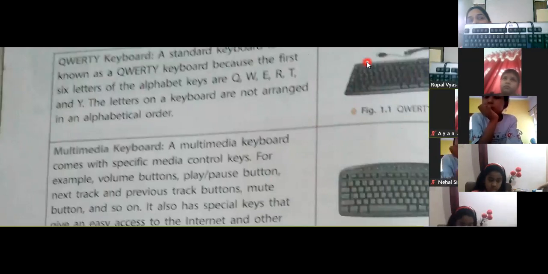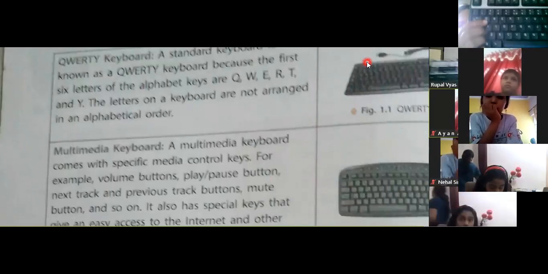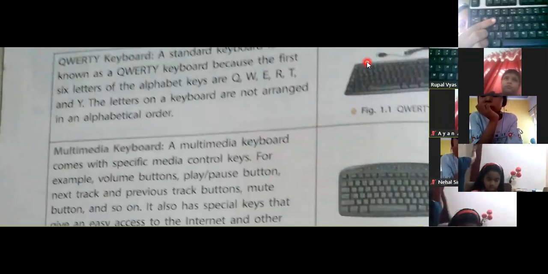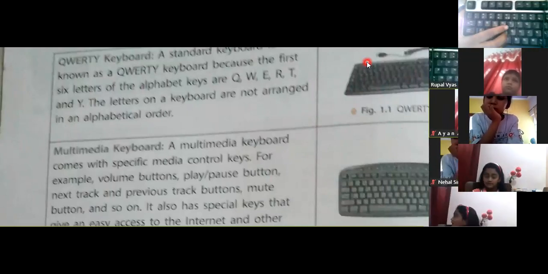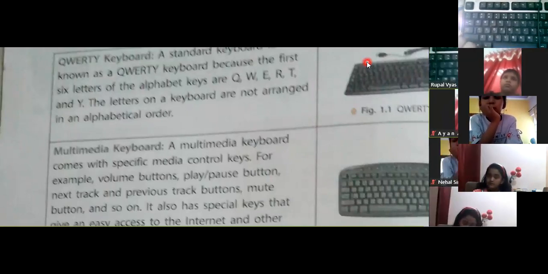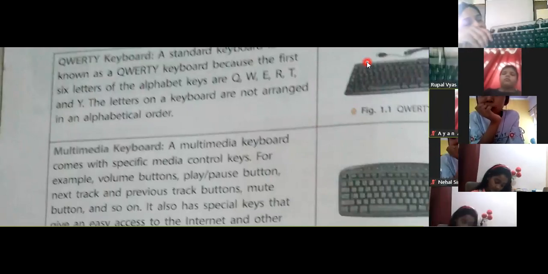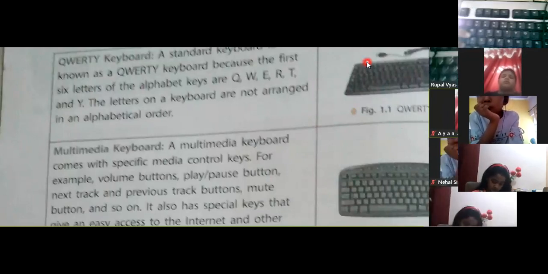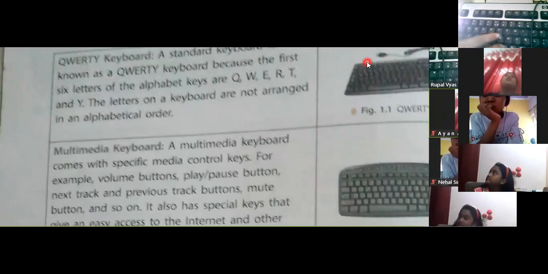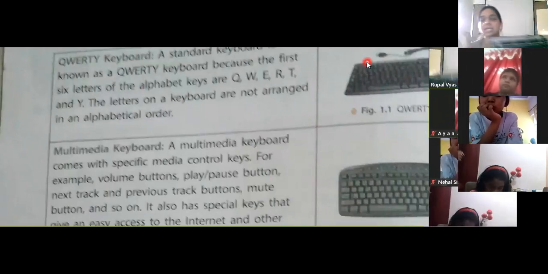Why are we calling it QWERTY? Because the very first line, as you can see, is QWERTY. So the name of this keyboard is QWERTY keyboard, because of this line. Everyone can see the very first line in the keyboard is QWERTY. That's why the name of this keyboard is QWERTY keyboard.